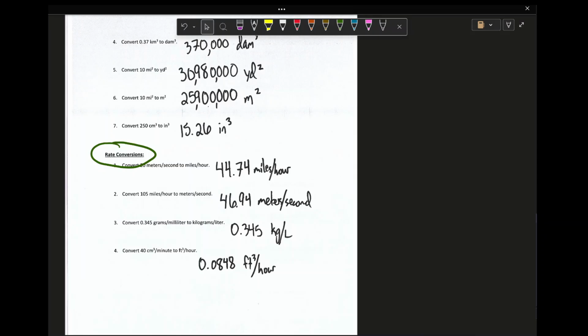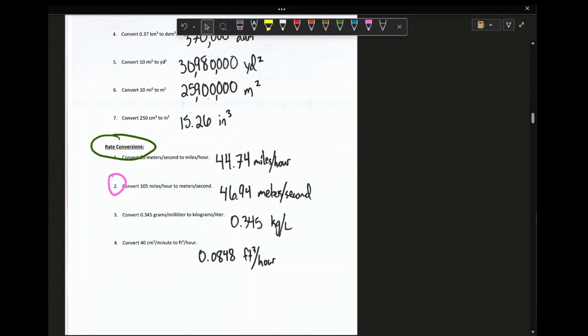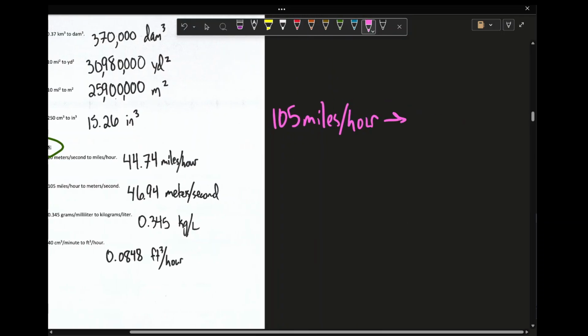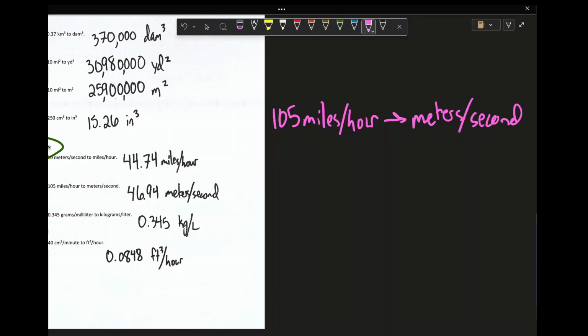So I'm going to choose to do number 2 here, and that is 105 miles an hour to meters per second. So is it 105? Yep. Miles per hour, and we're going to go to meters per second.